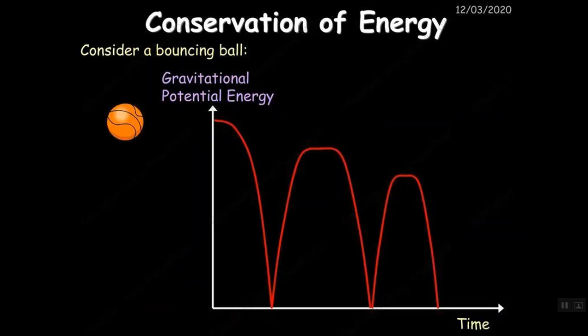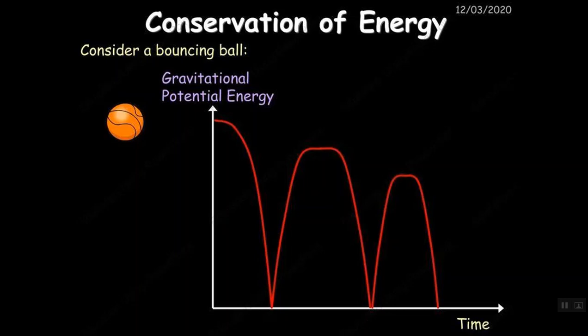Okay, now guys, if we see graphs, a lot of times they give us energy graphs, energy against time. Here we've got gravitational potential energy. As the ball drops and then bounces, we see that the potential energy becomes less and less. The moment it bounces, the potential energy is 0, and then it gains potential energy again up to a maximum, and then it bounces again, goes down, and comes up and goes down again, and it will continue to do so until all the energy has run out.